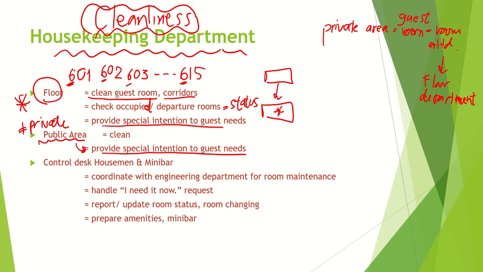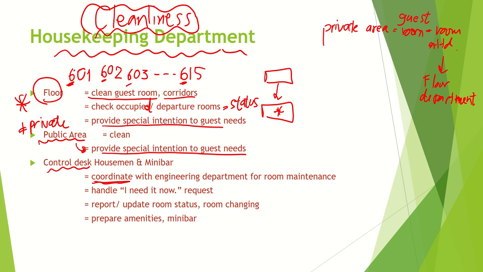Next department is control desk. Control everything about the housekeeping department. Control all equipment, cleaning chemicals, cleaning equipment, room minibar and bathroom amenities, clothes, linen, clean linen, pillows, bed sheets, everything.